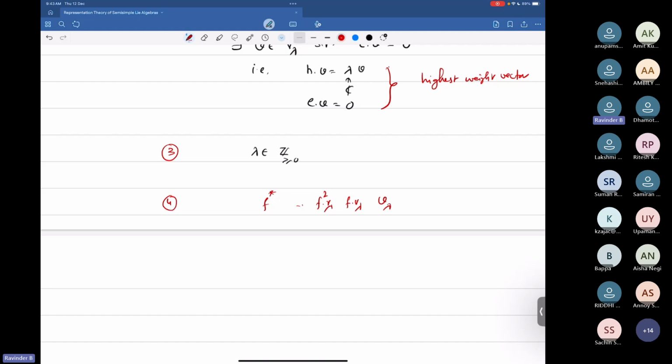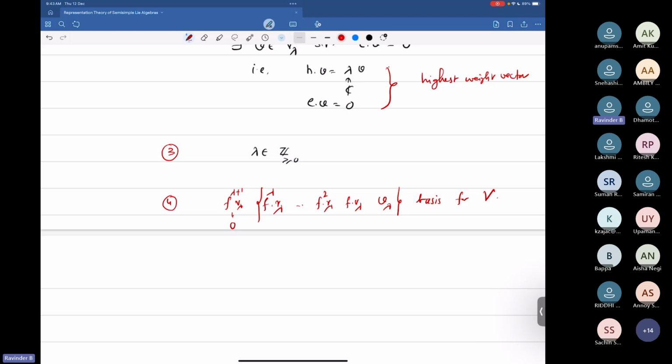In fact, it is proved that you can hit it lambda times, and if you hit it lambda plus 1 times, it will be 0. So these vectors span, and this is in fact a basis for capital V.